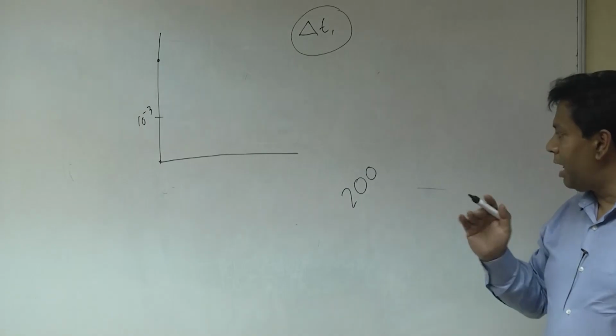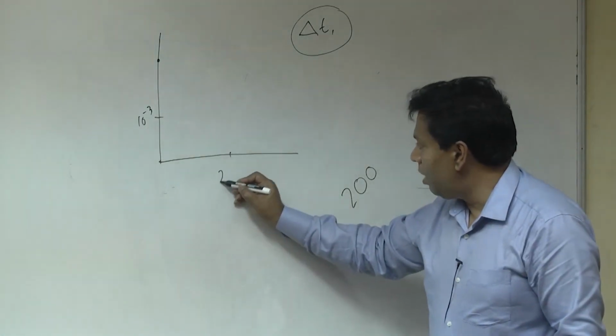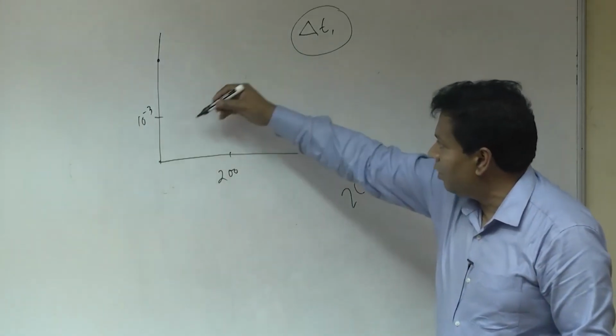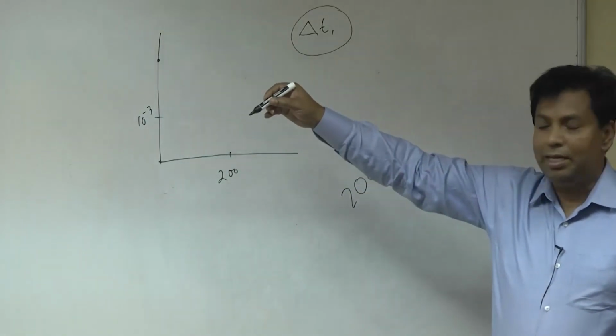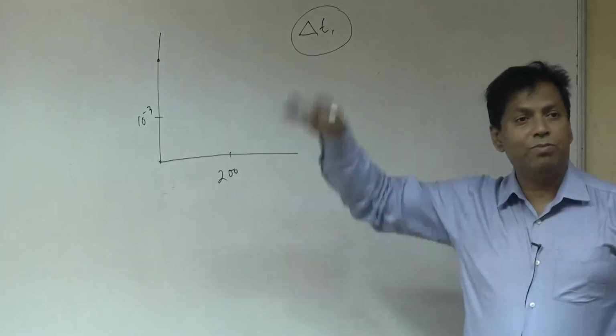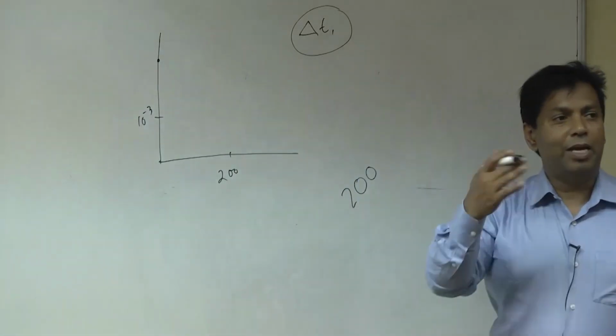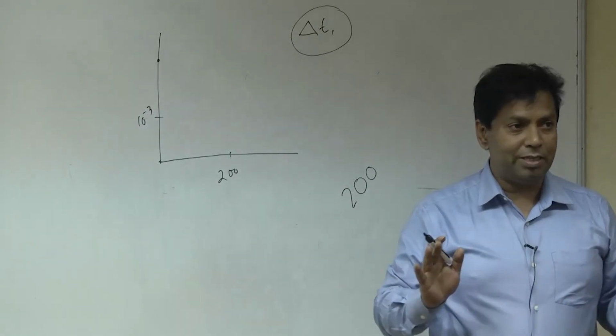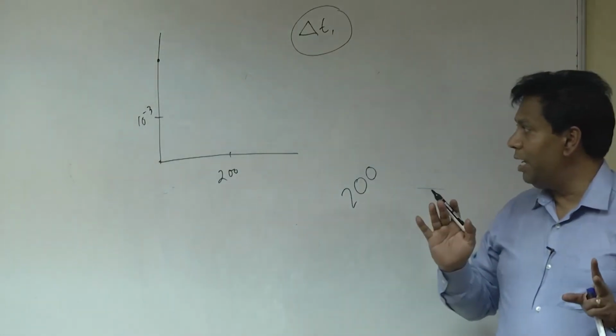But sometimes what happens is, within this 200, when it is coming here and it is not coming down to 10 to the power minus 3, you are actually forcing it to converge. So sometimes people are confused. I think the solution is converged, but it is not converged. So you have to check.